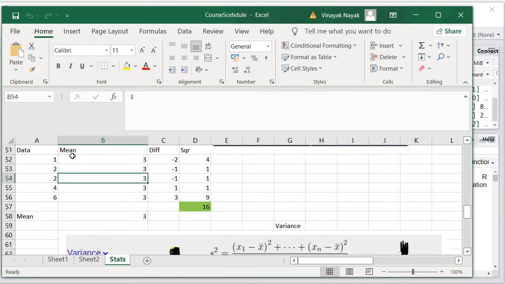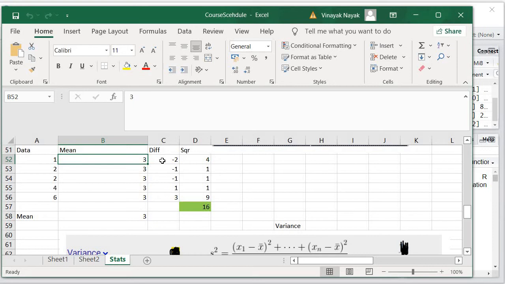I have written this mean over here and copied the value of the mean in each of the rows. Then I need to find the difference. Here x bar is the mean. We need to find the difference between x1 and x bar, as in the difference between data and the mean.